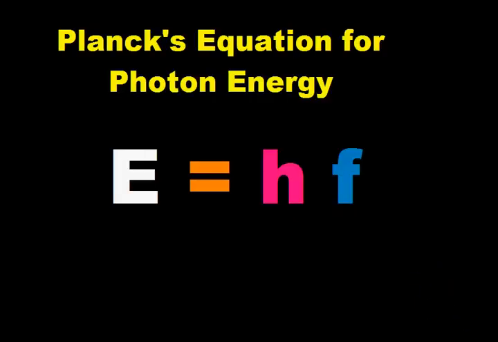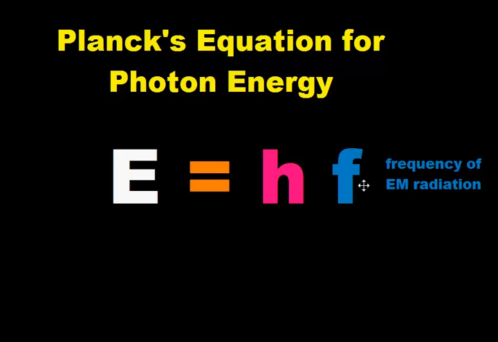For Unit 2B, we're talking about the particle theory of light, and we have a new equation to add to our toolbox. This was from Max Planck, who was investigating black body radiation. He determined that energy seems to come in packets, and he came up with the equation we see here.